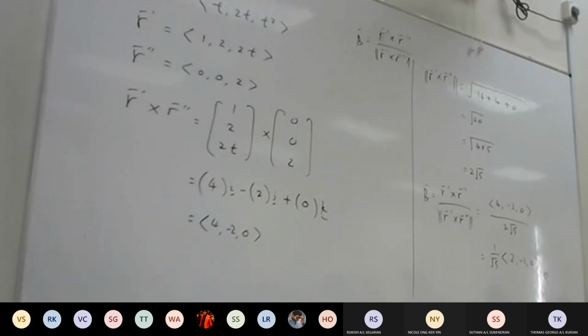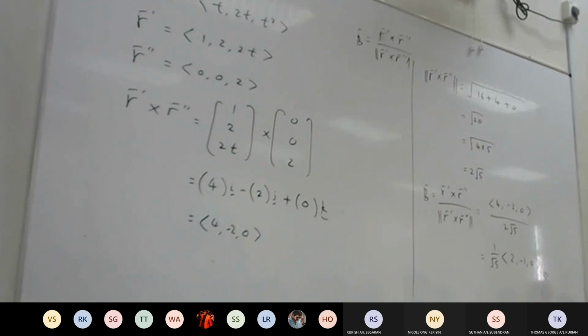Okay. Any questions? Because the appendix of the final exam has already been given, only the formulas for numerical differentiation and numerical integration are given.